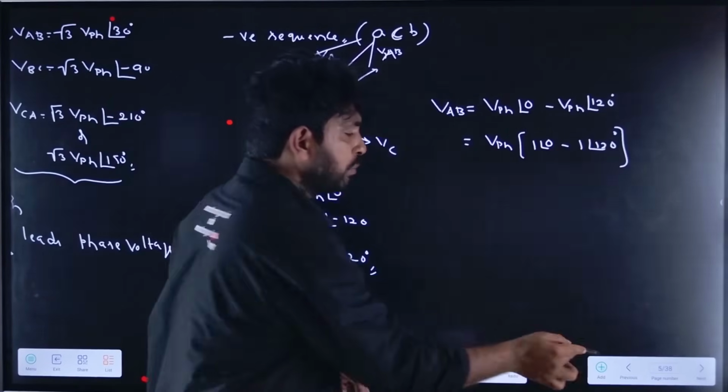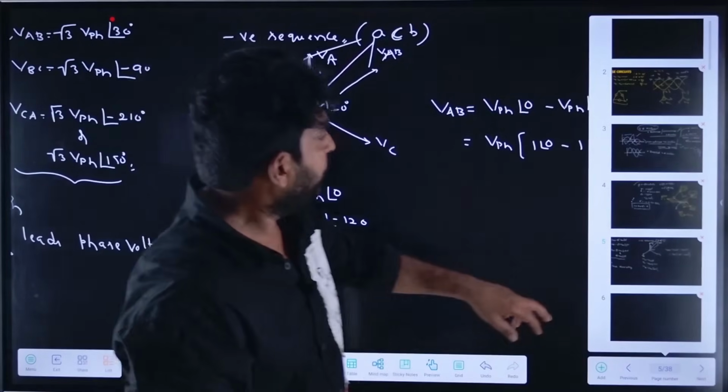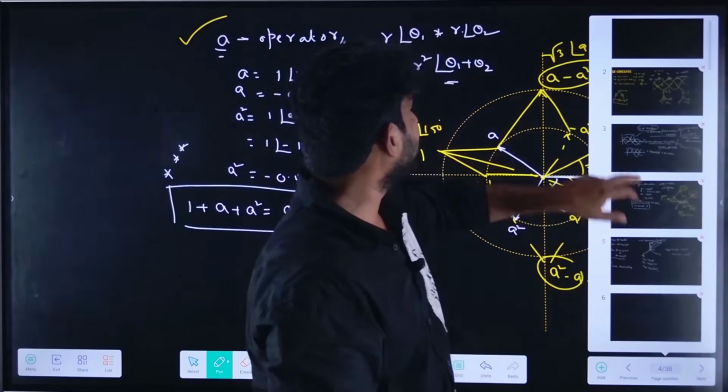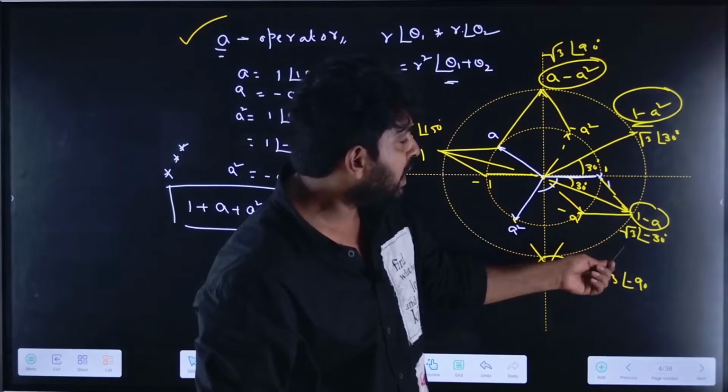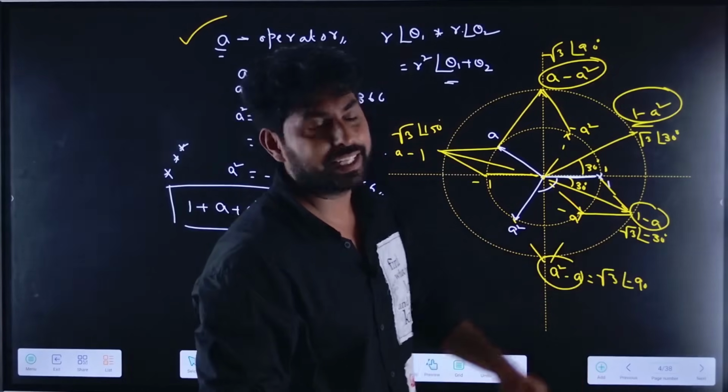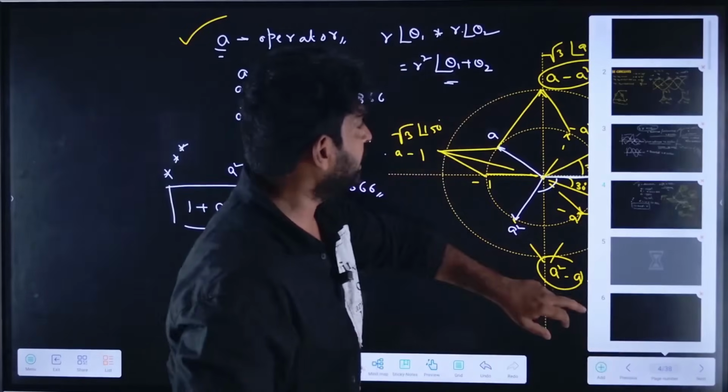Very simple if you know the table. If you concentrate here, you can directly write the expression without substituting anything. What is 1 minus A? Root 3 at an angle minus 30 degrees.